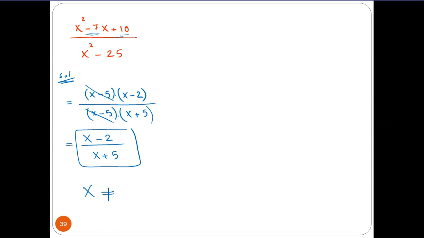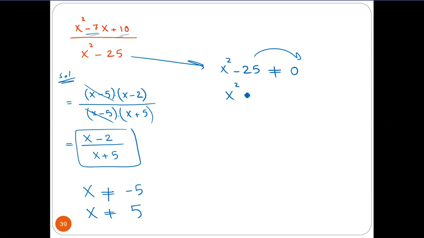Not equal negative 5 and not equal also 5. Because from here we set x squared minus 25 must be not equal to 0, right? If we move this to the other side, x squared equals 25, and by taking the radical, sorry, not equal, so we have x not equal positive or negative 5, which is the root of 25. Okay. Any question?